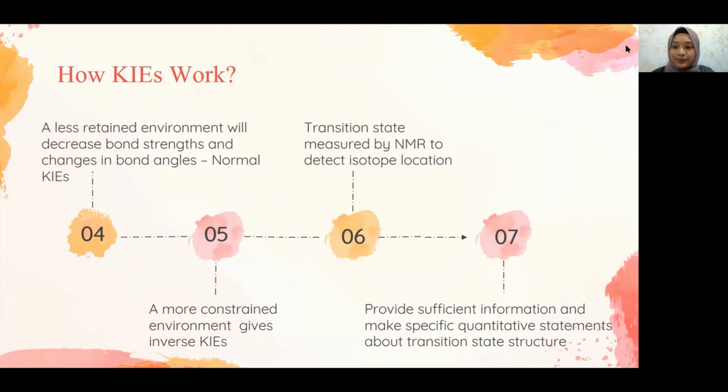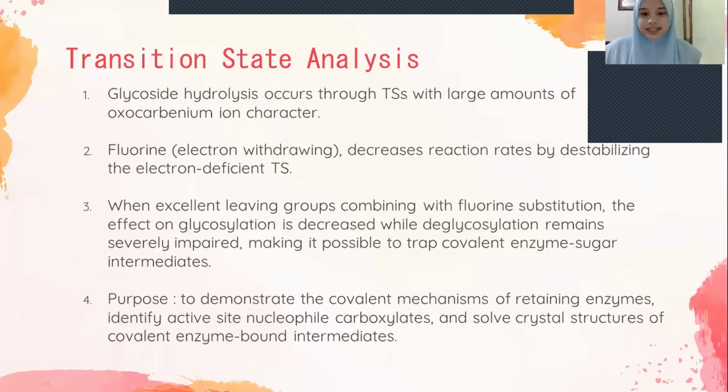Thank you. Next is about the transition state. It is known that there is glycoside hydrolysis with a large amount of oxocarbenium ion. How do we know that there is a large amount of oxocarbenium ion? Because of the effect of fluorine substitution in the sugar ring.